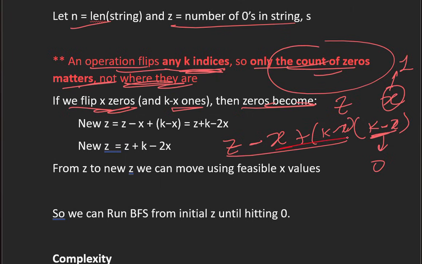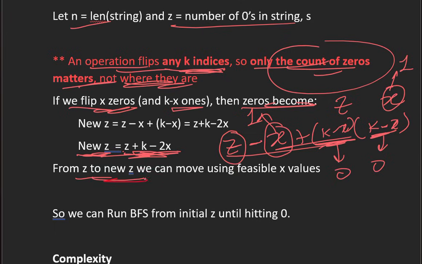I hope you get this equation. This is our current total number of zeros. Then x is the number of zeros that we have flipped, thus those zeros which are converted to 1, and this is those ones which are converted to 0. So our new z will be the current z plus k minus 2x, right?